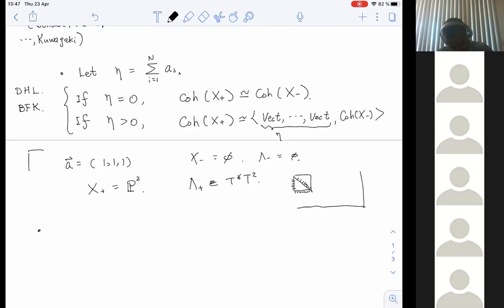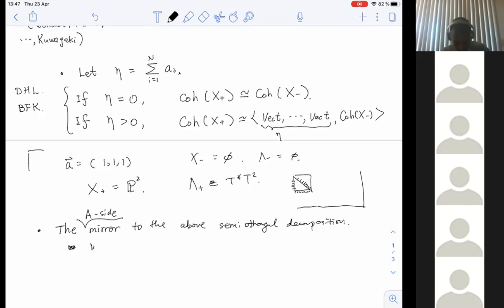So let me write that down. The A side mirror to the above semi-orthogonal decomposition has been worked out by Gabe Kerr using the traditional Fukaya category.